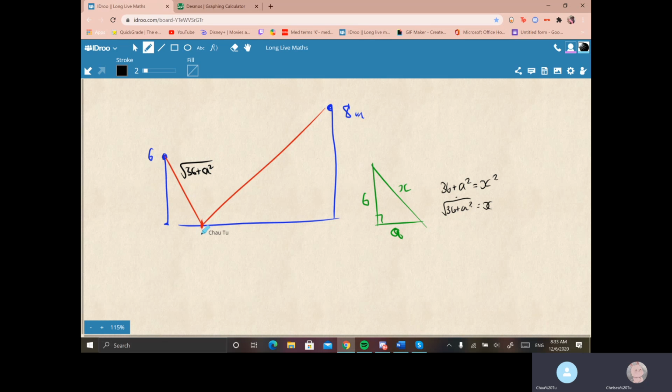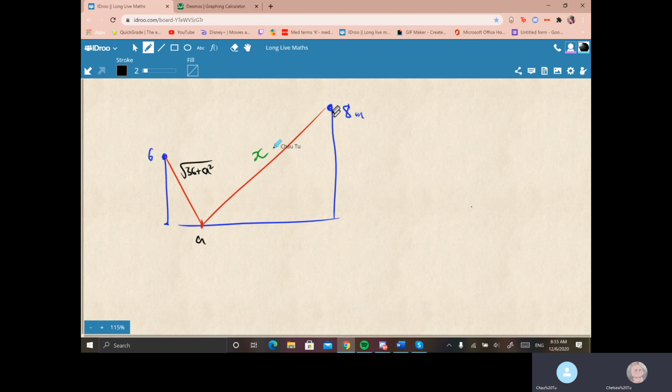Okay, Chelsea. Now what about the green length here, Chelsea? What's that length? You need to work out this length here. Let's call it x.